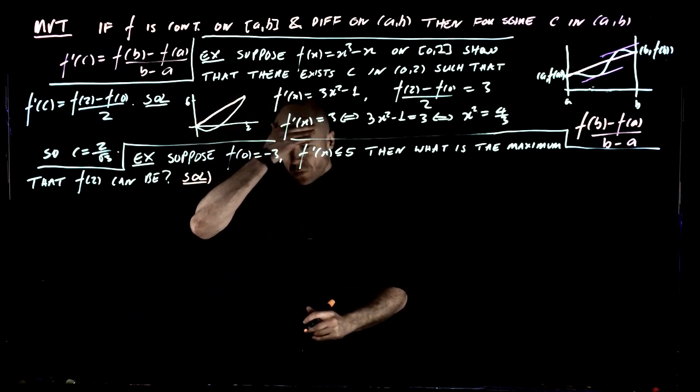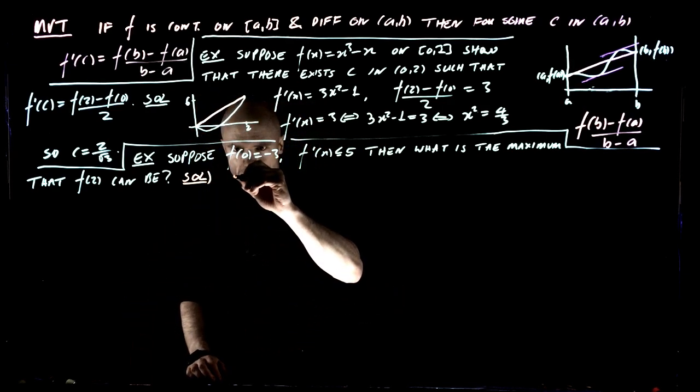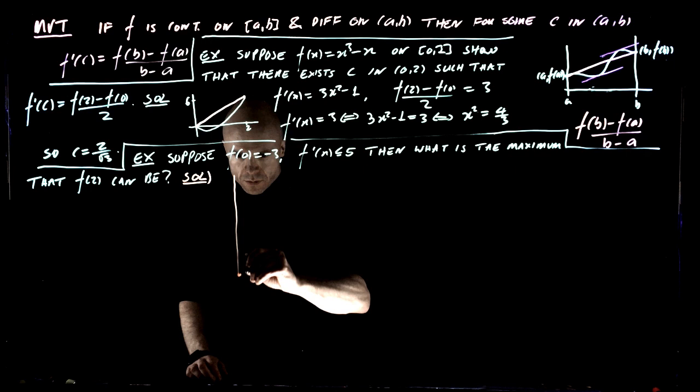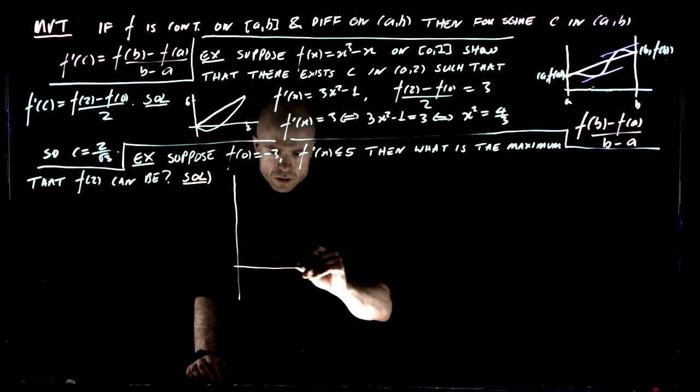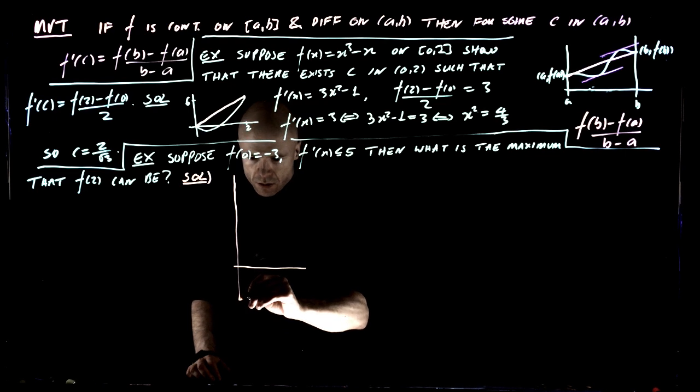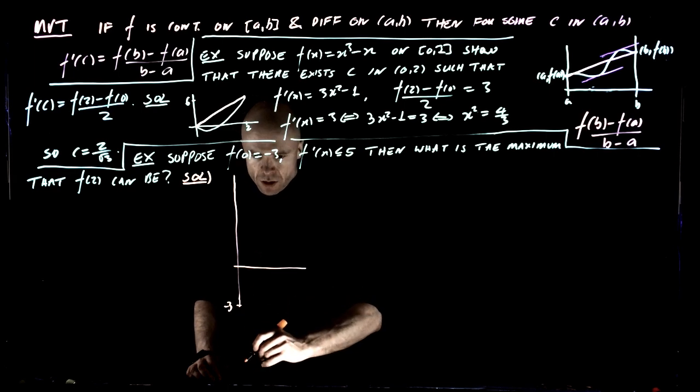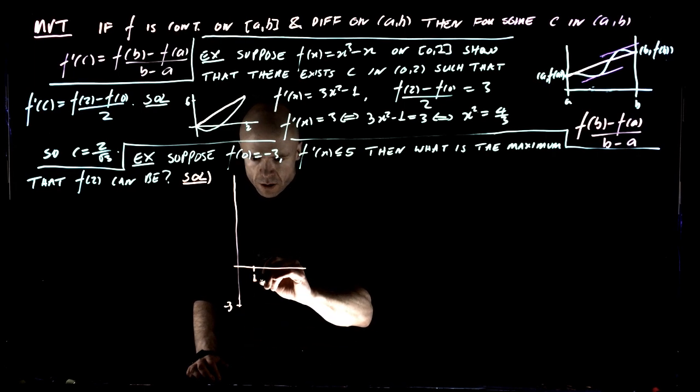All right, so as always, we are going to draw a picture. Say down here is minus 3, that's where we start. Let's say this here is 1, and this here is 2.